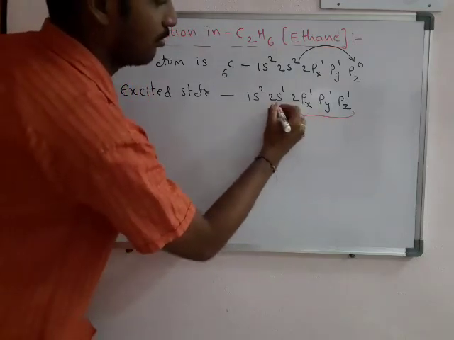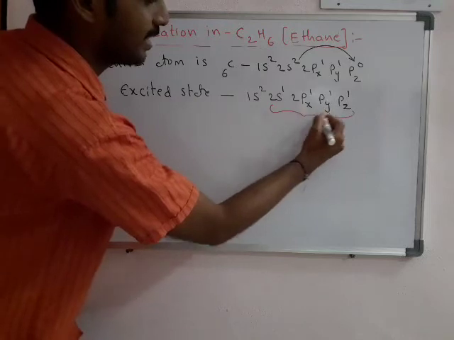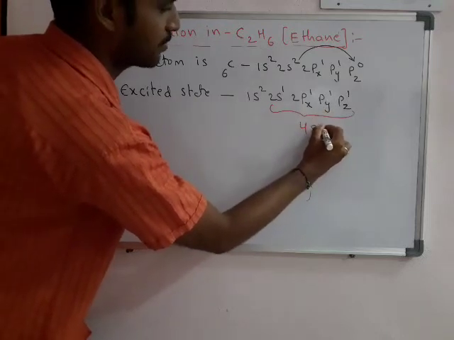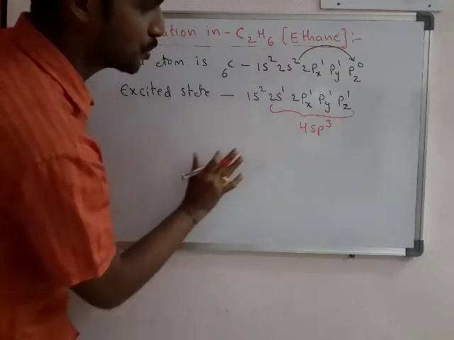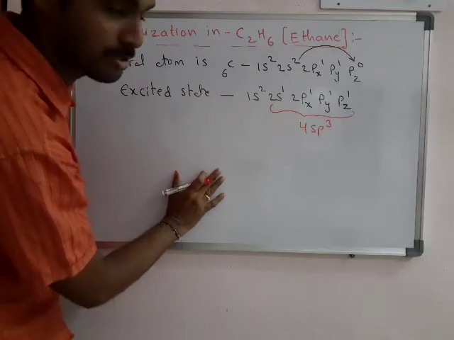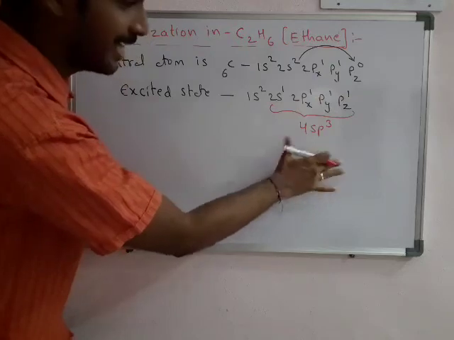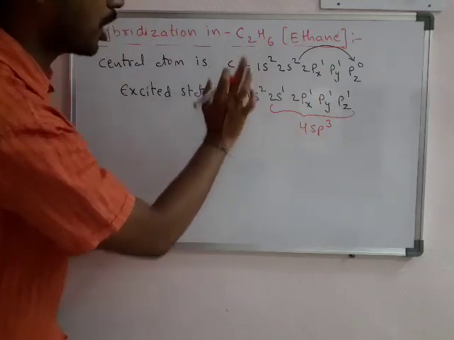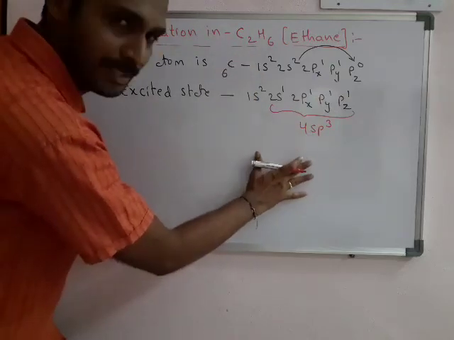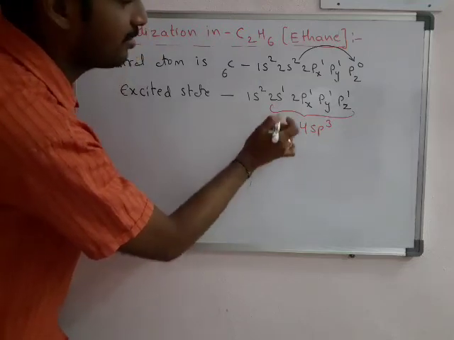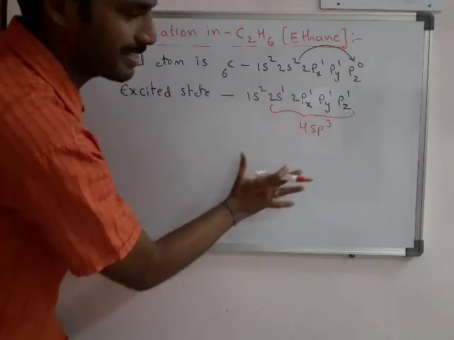One s orbital and 3 p orbitals form 4 sp3 hybrid orbitals. Totally how many sp3 hybrid orbitals are formed? 4 sp3, all containing unpaired electrons. In the same way, the second carbon also has 4 sp3 hybrid orbitals with unpaired electrons each.